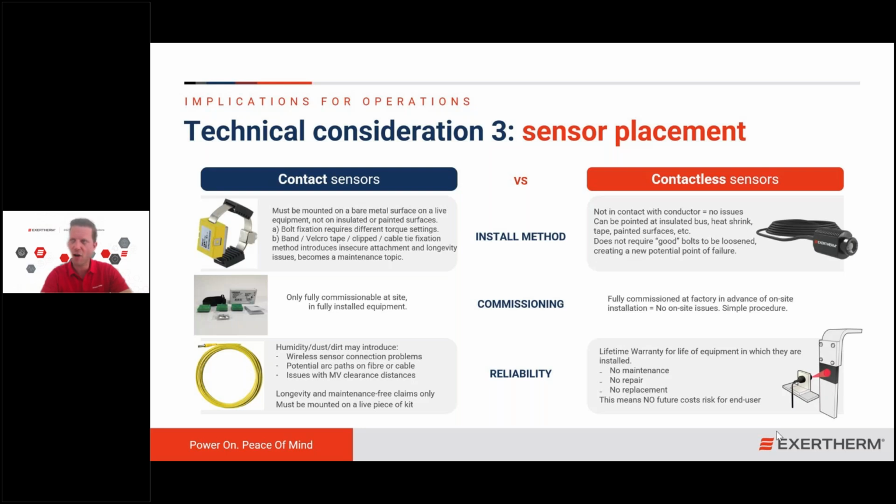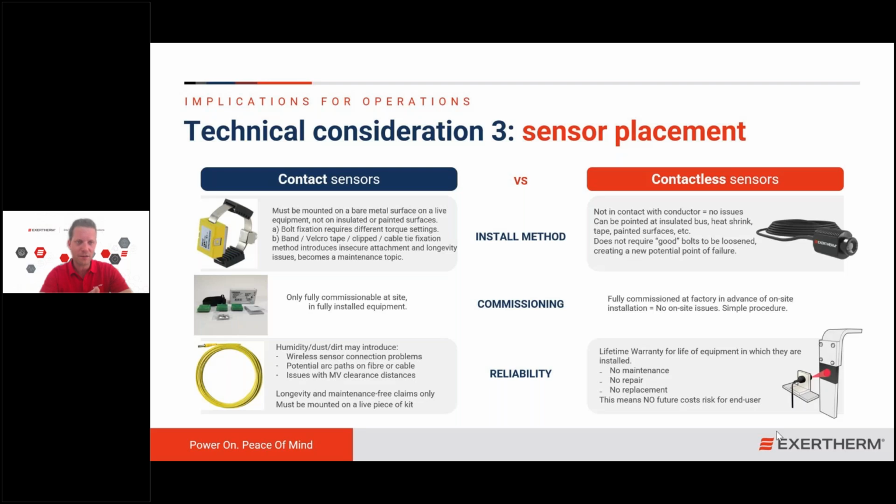Starting with the contact sensors, they typically need to be mounted on a bare metal surface, for example, with regards to energy harvesting, for getting the power that they need in an inductive way in the first place.